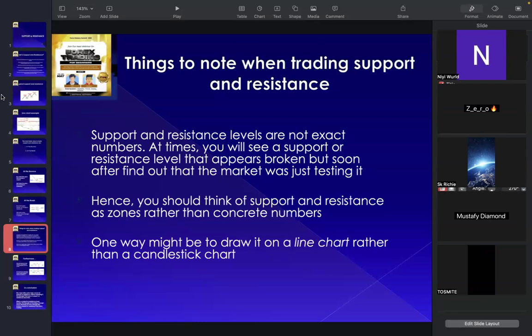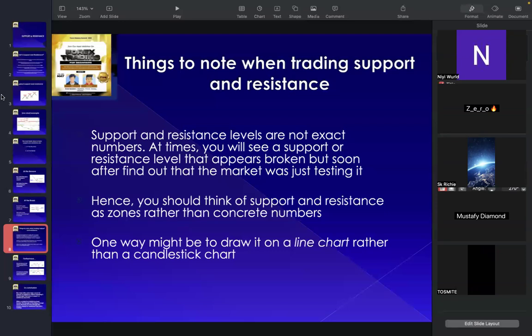What this means is that you can say, okay, I'm looking to buy from the support level, which is between 1 to 10, or 1 to 5. You give it a zone, a range of values where you are expecting it. So whenever market reacts at that particular zone, you execute your trade.